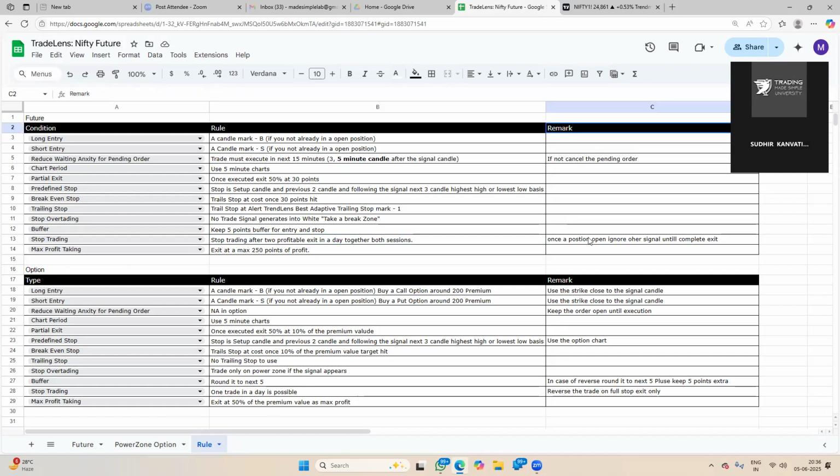Now, under remarks, you can see: once a position is open, ignore other signals until complete exit. That is also a rule to follow. Suppose you have an open short position and a buy signal appears. In that case, you have to ignore it. That is the reason the rule is mentioned: if you are not already in an open position.